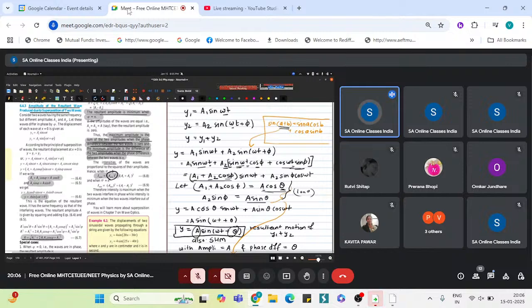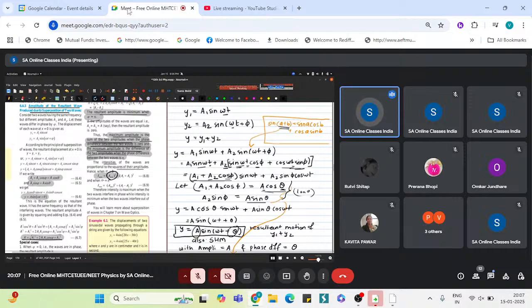So the intensities of waves are proportional to squares of their amplitudes. There might be some question where you are asked ki two waves are getting superimposed, then find the intensity of the resultant. So the regular question is find the amplitude of the resultant, but in some questions they might also ask you to calculate the intensity of the resultant wave.